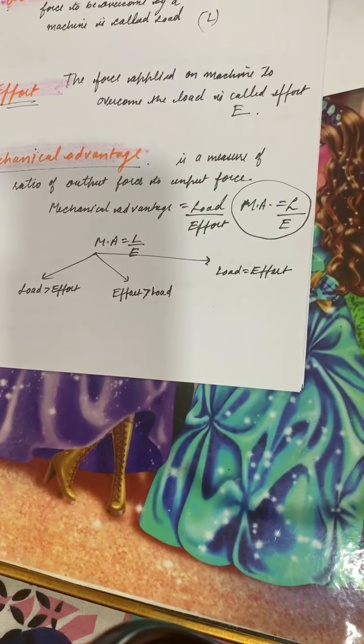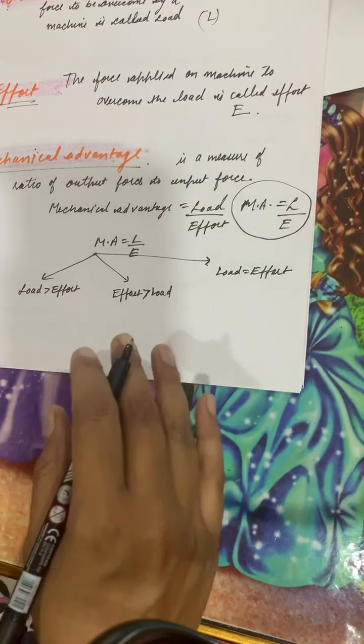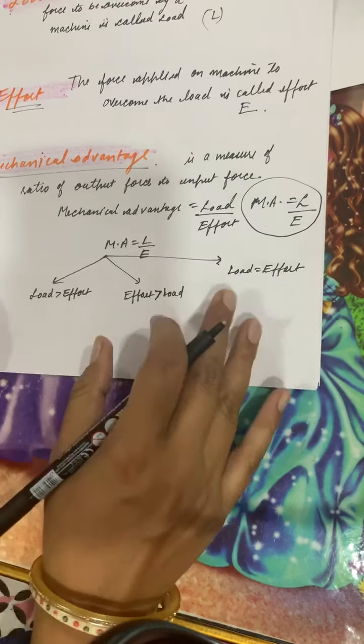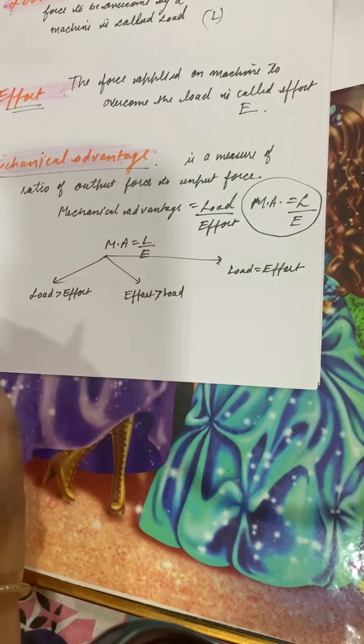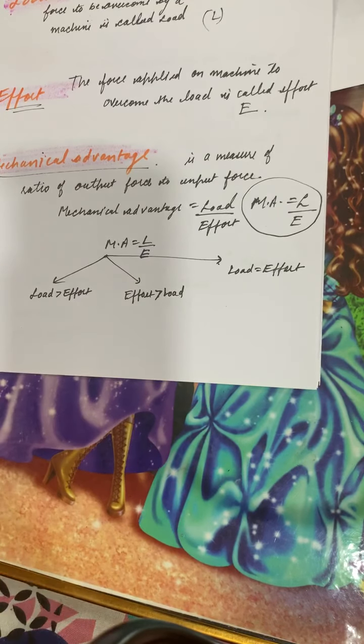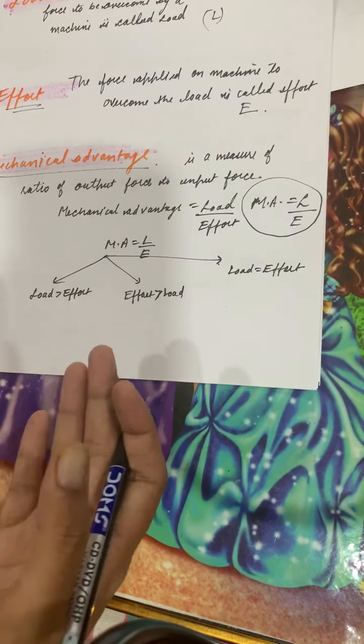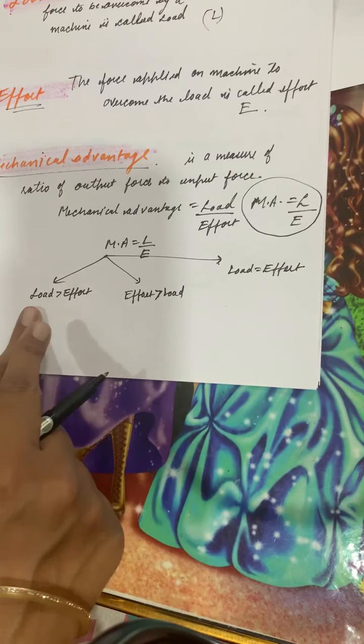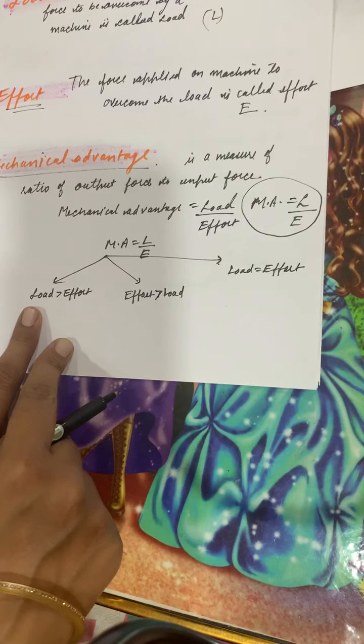See students, a machine in which load is more than the effort, as I explained in the beginning, is a machine in which we are able to overcome more load by applying lesser effort. Such machines act as a force multiplier.